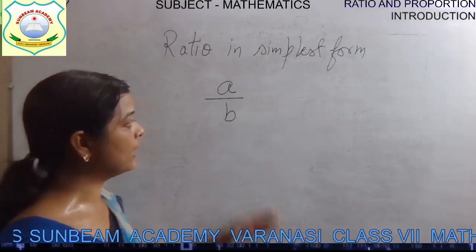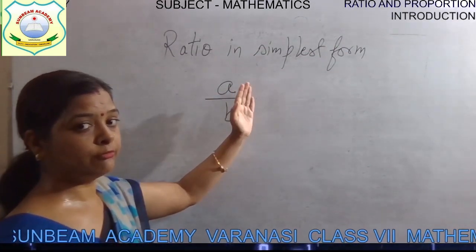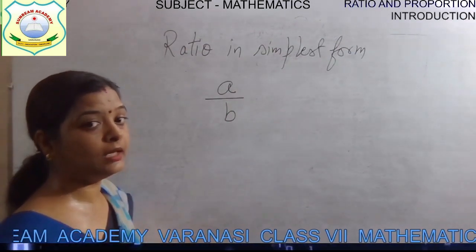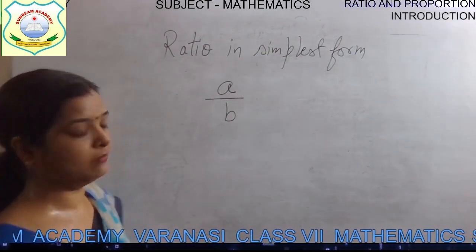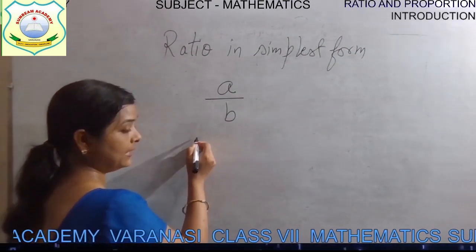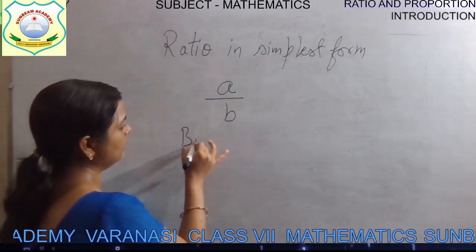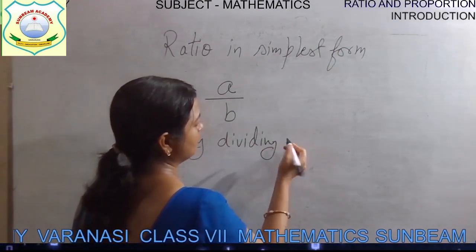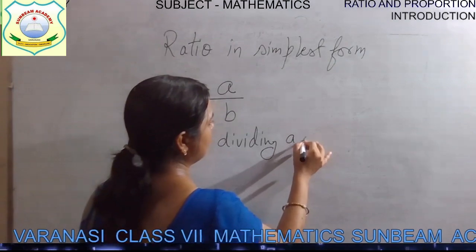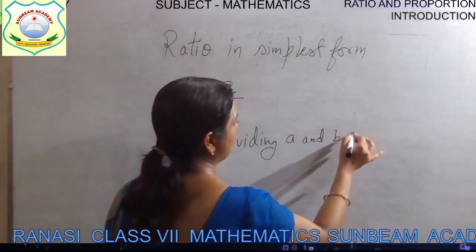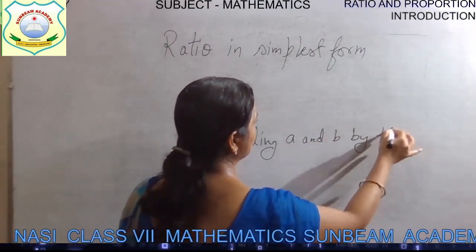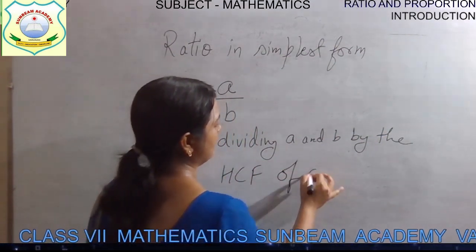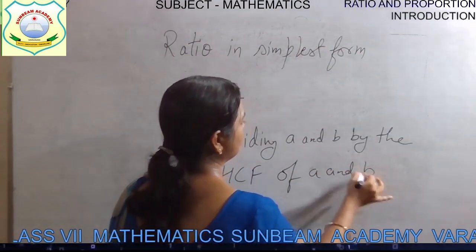We have to divide both the first term and the second term, that is the antecedent and the consequent, by the HCF of a and b.